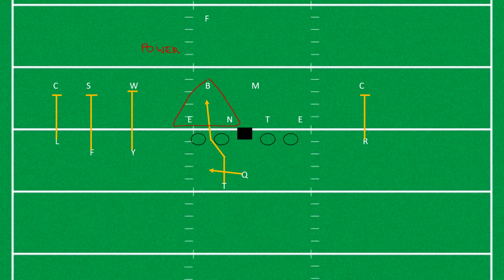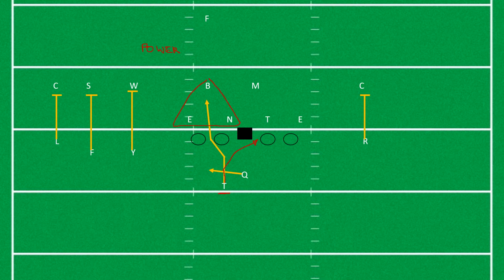And we do this on purpose because we run a lot of inside zone, and as teams start to see that we're running so much inside zone, they'll start to figure out that as this tailback lines up on the left side, if we run inside zone, he's going to be looking at this A gap right here. So teams will start to realize that.